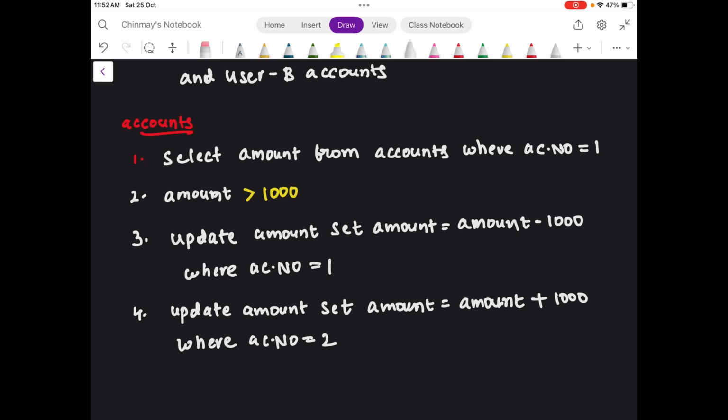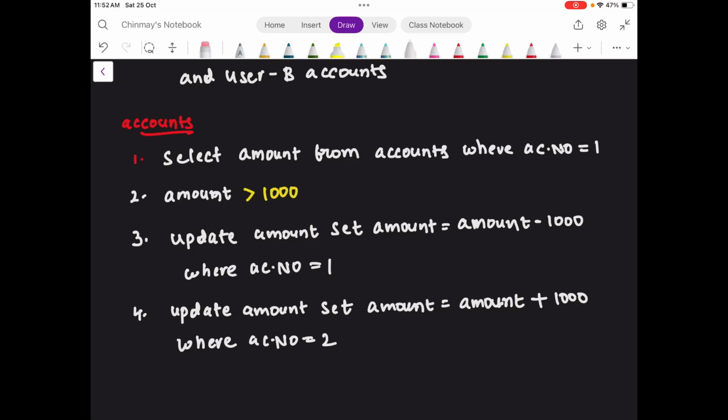So transferring the amount is a single action. It will be considered as one transaction. It involves these statements, a select statement and two update statements, right?